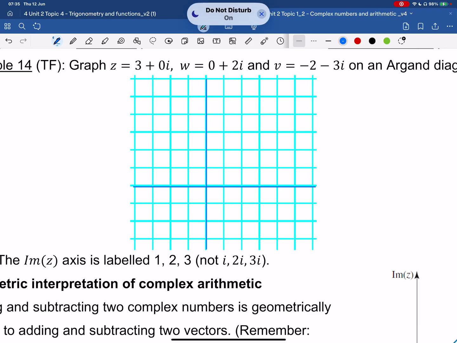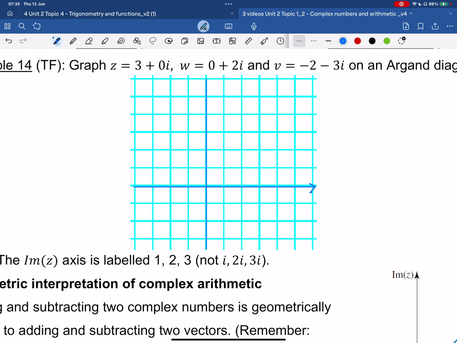All right, we can graph complex numbers on a Cartesian plane, and we call this an Argand diagram. And instead of an x and a y axis, we have a real and an imaginary axis. And this is what they look like.